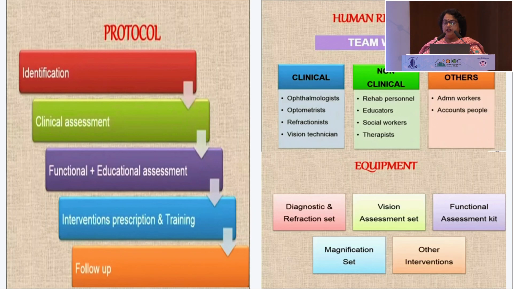For that, we need a teamwork of clinicians, ophthalmologists, optometrists, rehab personnel, and educators, and others for administration. What are the equipments we need are the diagnostic and refractive sets, vision assessment tools, functional vision assessment tools, other optical aids such as magnifiers, non-optical aids, and other interventions.